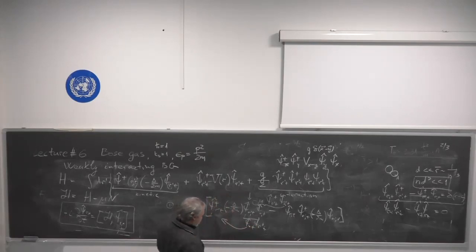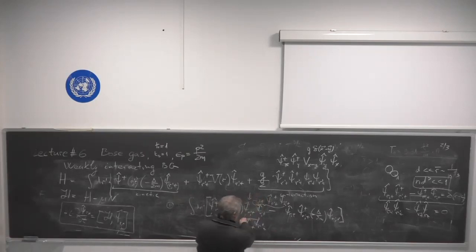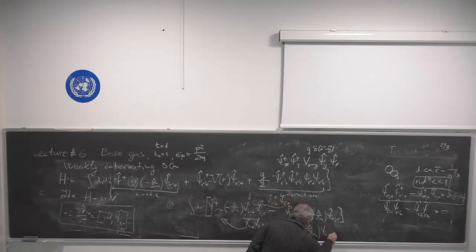I'm still massaging the first term. So what I get after permutation of this operator and applying operator nabla is psi dagger R prime T, psi R T, minus nabla over 2m psi R prime T.